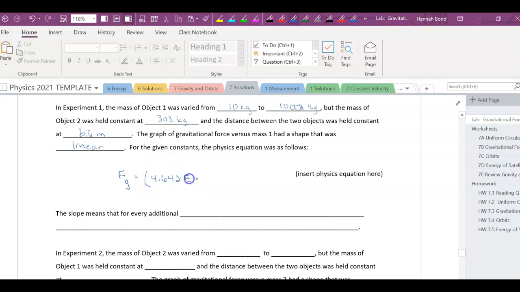We're just copying this from up above where it was created, and the units here were newtons per kilogram times mass 1. It's very important to be clear which mass was used as the independent variable in your physics equation, okay?